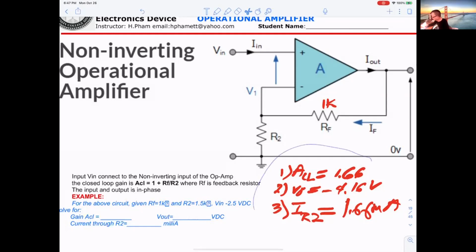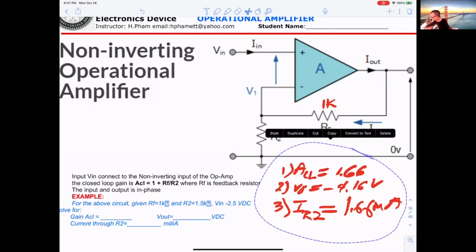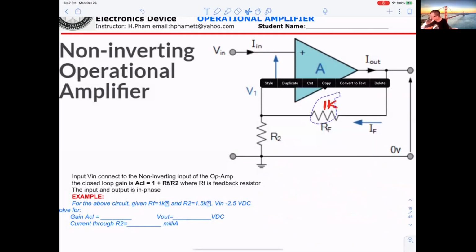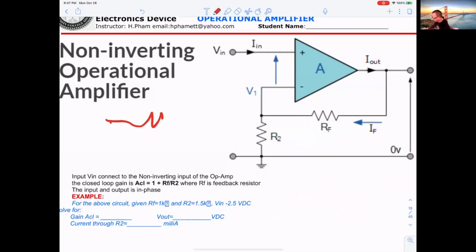By the way, I can tell you, when they give a resistor here and the current flows, they say I equals 1 ampere. That means the current is flowing from positive to negative.